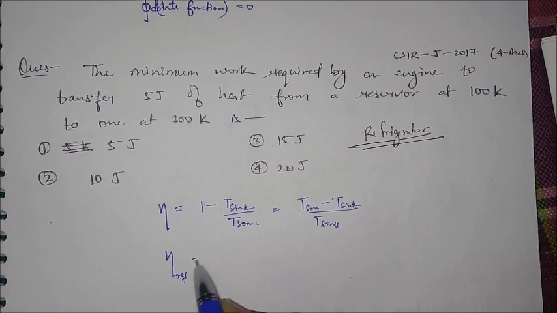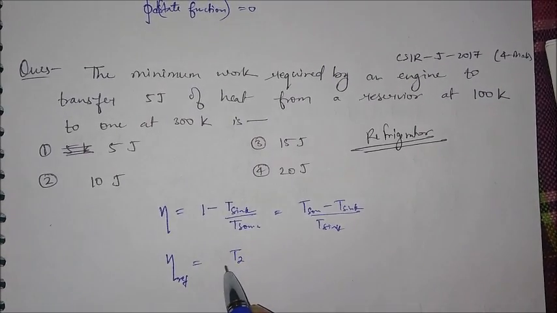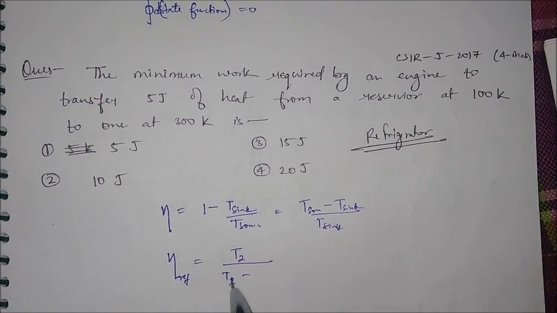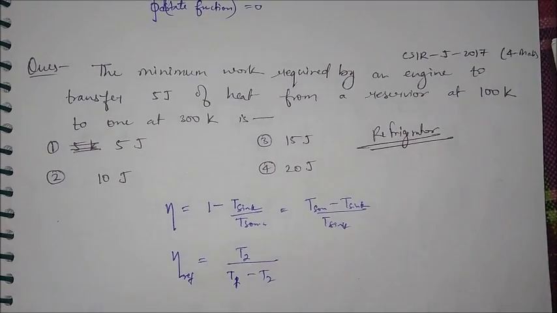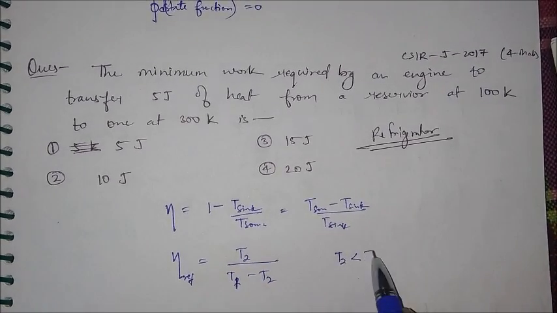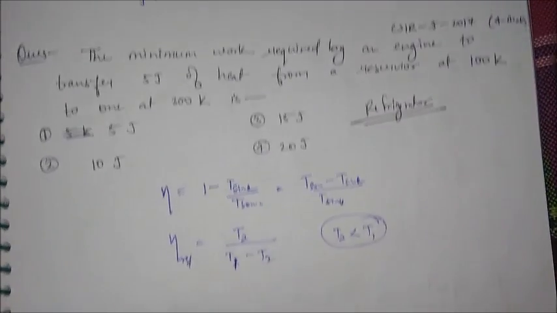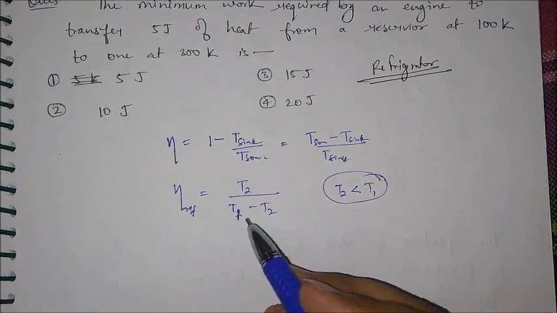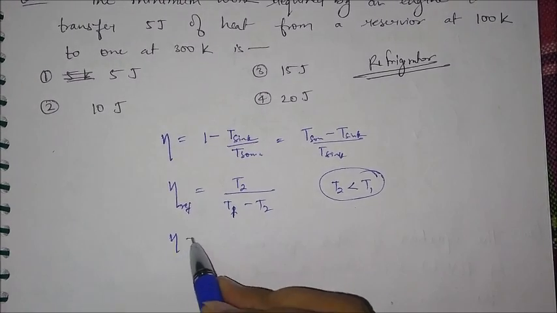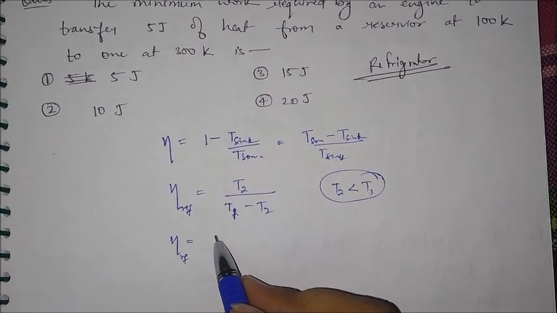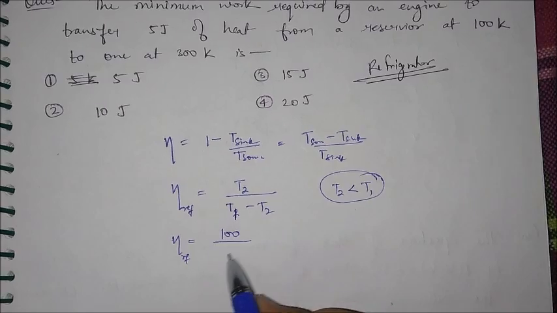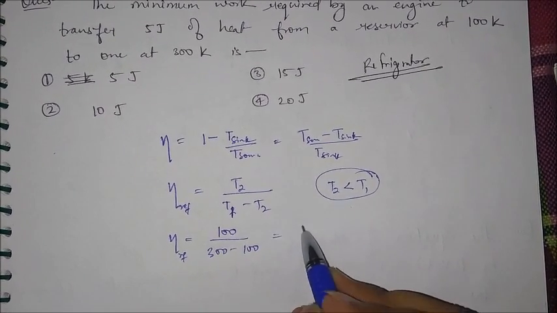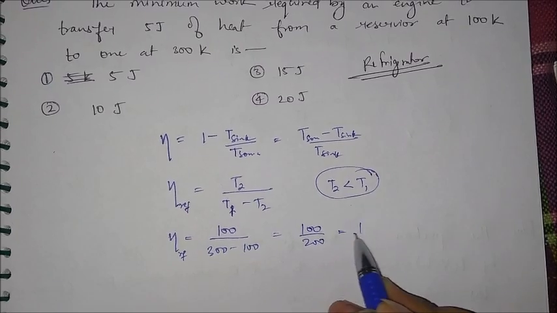For a refrigerator we have T2 upon T1 minus T2, where T2 is always less than T1. Here T2 is 100 and T1 is 300, so eta will be 100 upon 300 minus 100, that is 100 by 200, which gives 1 by 2.